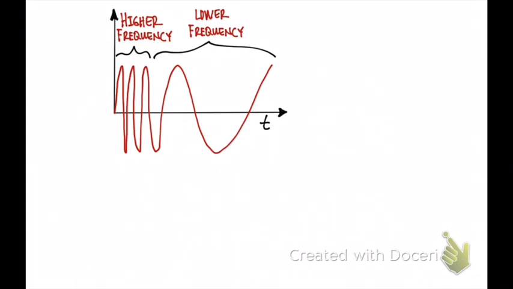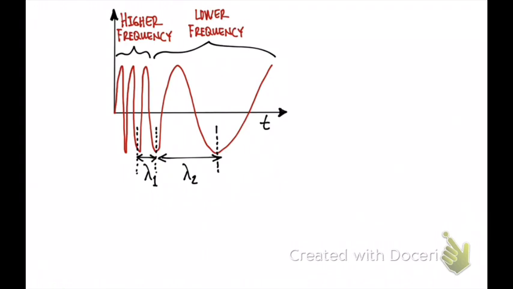If you look at the wavelength over here where there's higher frequency, we can label this lambda 1, which is related to a higher frequency. Then we can compare it to the next wavelength, which is labeled lambda 2. As you can see here, lambda 2 has a longer length compared to lambda 1.